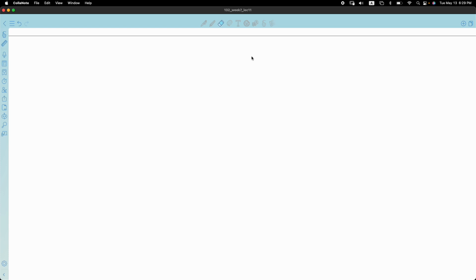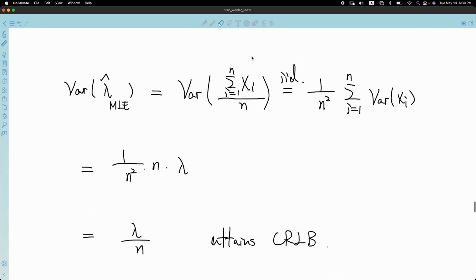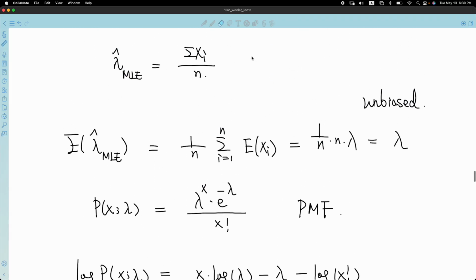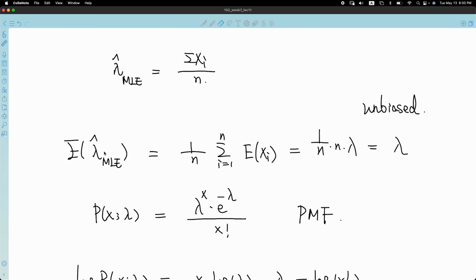I was wondering how we determined that the estimator was unbiased, or if we did do that. Which part? For the example you just did. Oh, yeah. If you want to check unbiasedness, you just take the expectation of your estimator.